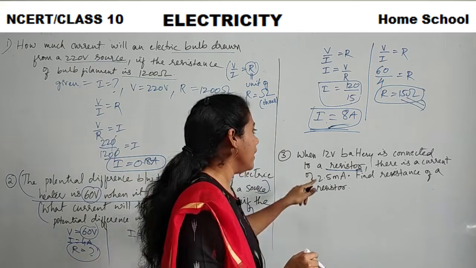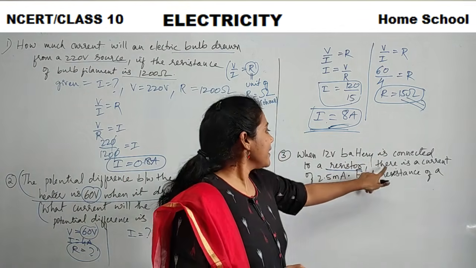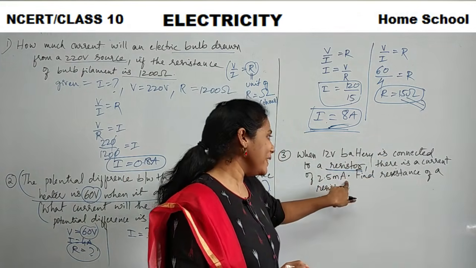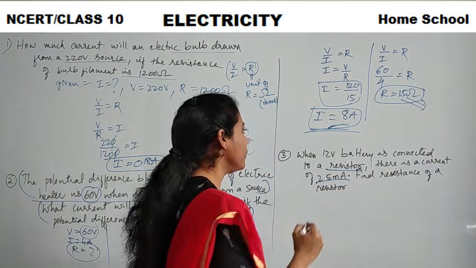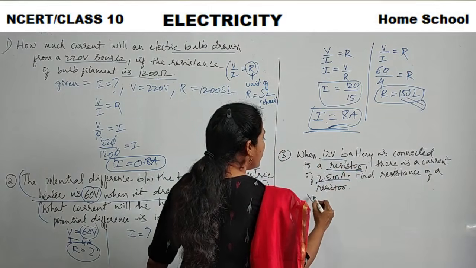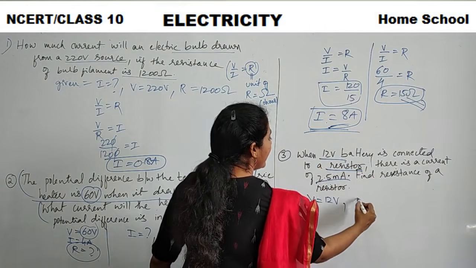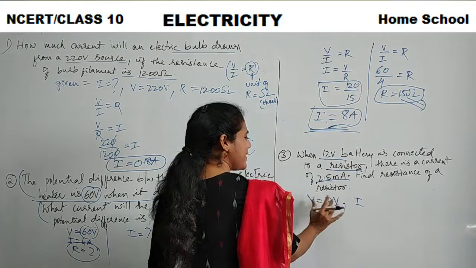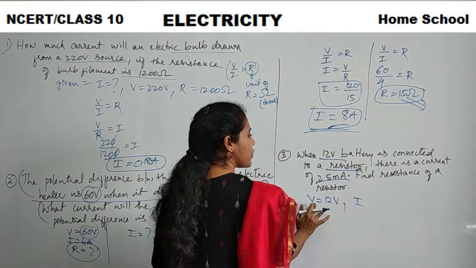Clear? Fine. When a 12-volt battery is connected to a resistor, there is a current of 2.5 milliamperes. Find the resistance of the resistor. So what is given here? Voltage is given, that is 12 volts. And current is given, right? The moment you see the units, you should make it out. V means volts, so this is voltage.